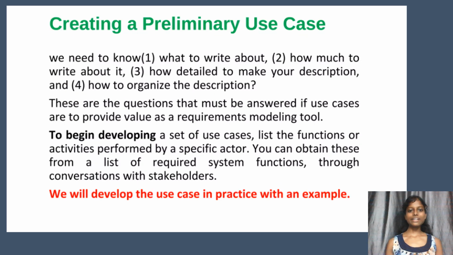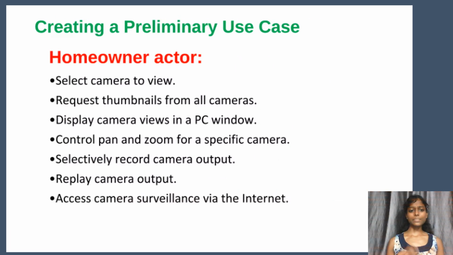So firstly, you will create a preliminary use case. We need to know what to write about, how much to write about, how detailed to make your description, and how to organize the description. For example, firstly you need to identify the actors. Consider a CCTV camera placed in your home.